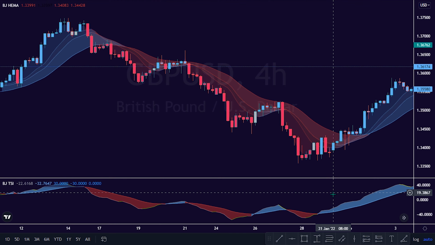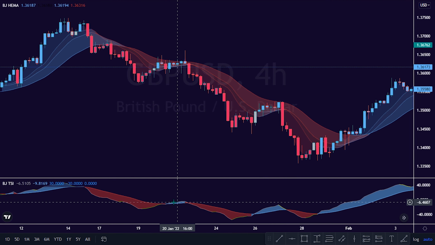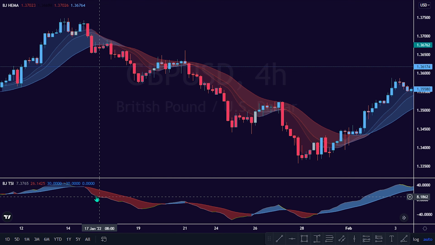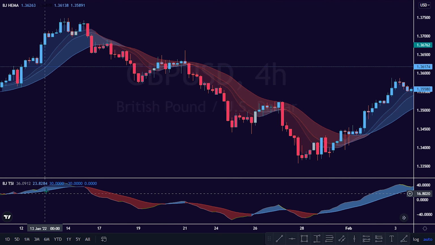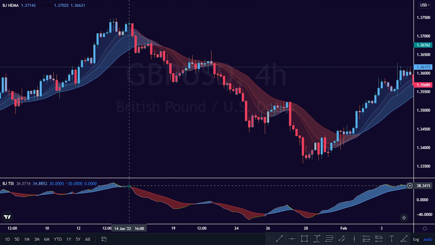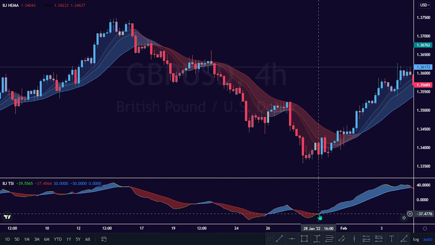The second indicator, which is the Bjorgum TSI, utilizes the simple color changes of the TSI output signals to aid in the interpretation of the classic TSI indicator. The crosses of the TSI value line and the signal line are a signal of bullish or bearish indication.